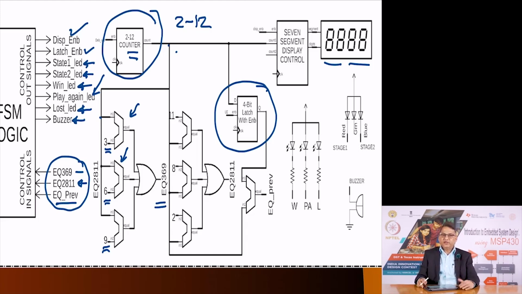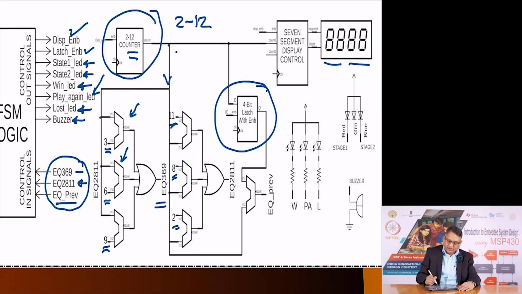So, if EQ 369 is 1, that means your sum was either 3, 6 or 9, and the state machine can take an appropriate action, that is, declare either a win if you are in stage 1 or a loss if you are in stage 2. Similarly, the same number is going to 3 comparators here, one where the input is 11, a second where the input is 8, and a third where the input is 2, each compared with the current output of the counter.